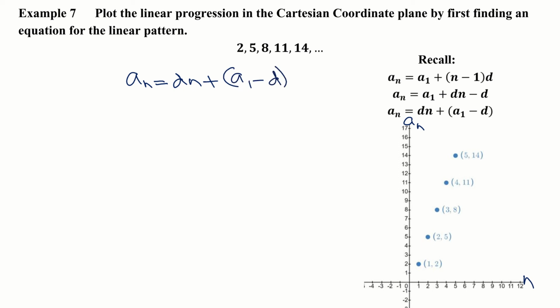Now, do notice that a1 is 2 and d is 5 minus 2, which is 3.